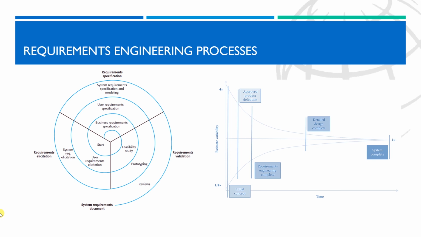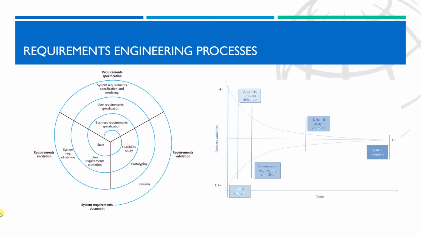This spiral model accommodates an approach to development where the requirements are developed to different levels of detail. The number of iterations around the spiral can vary, so that the spiral can be exited after some or all of the user requirements have been elicited.